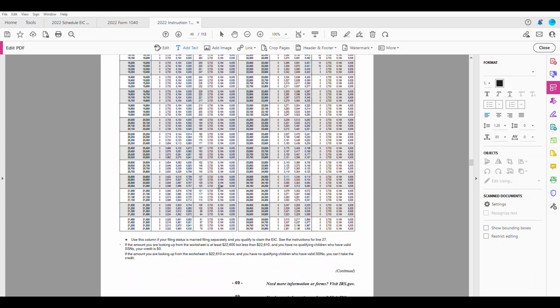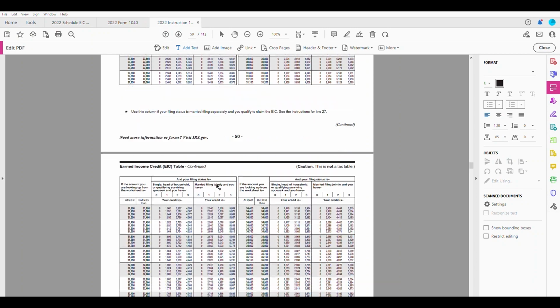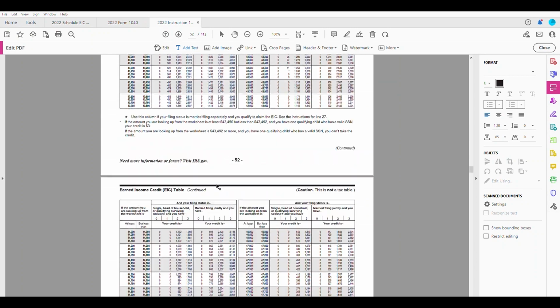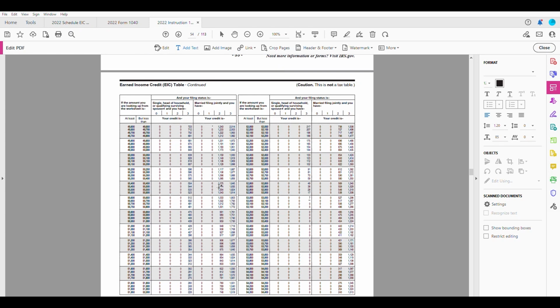So we'll scroll down a couple pages until we get to that 50,000 number that is our earned income number. We'll go down, keep going, and right here we got 50,000. We'll keep going across the table until we get to 2. That's our qualifying children that we have. We have 2. So we have 1,159.